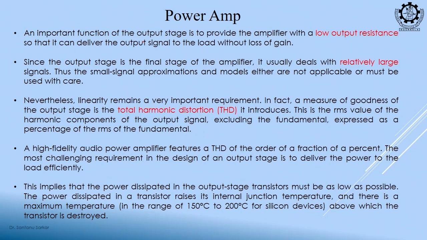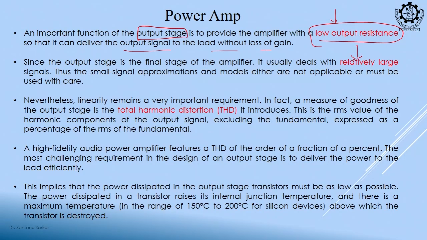As it is used in the output stage, one important requirement is low output resistance, so that it can deliver the output signal to the load without any loss. If we are having some output resistance, there will be loss, right. So, if it is low, that is an added advantage, that we will check.